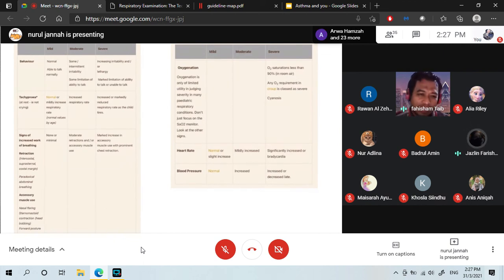Not normal tachypnea. There's no such term as normal tachypnea. So can I say it's above the average? If the respiratory rate is within the normal limit, you don't say it's tachypnea, and you don't say this is respiratory distress. So there's no point in saying it's normal.